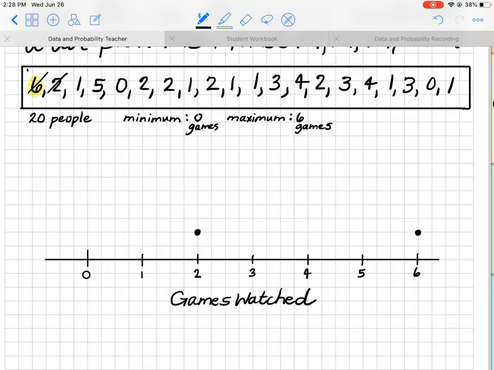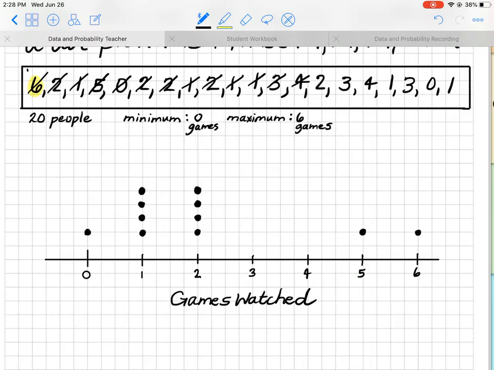Then we have a 1. One person said, I just watched one game. Next person watched 5 games. Next person didn't watch any games. That would be me. The next 2 people watched 2 games. So there's 1 person, 2 people. Then 1 and 2, 1 and 2, 1 and 1, 1 and 1.